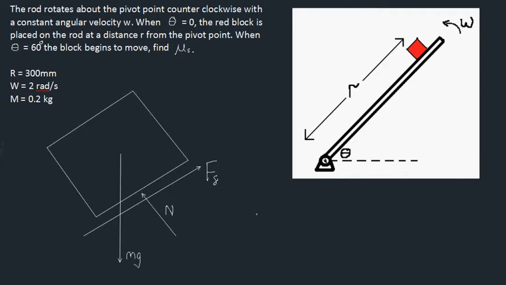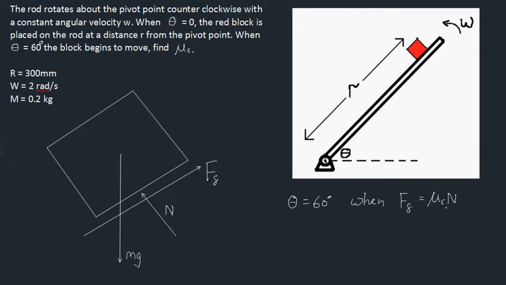So in other words, a threshold limit is theta equal to 60 degrees, when your friction force is going to be equal to mu_s N. Remember that mu_s N is the maximum friction force.